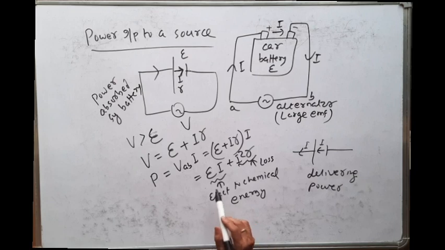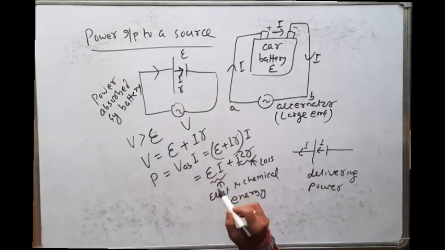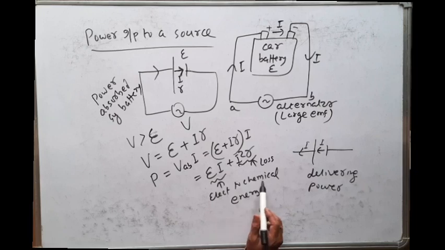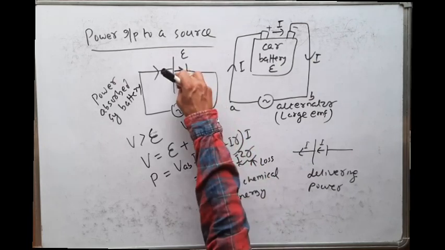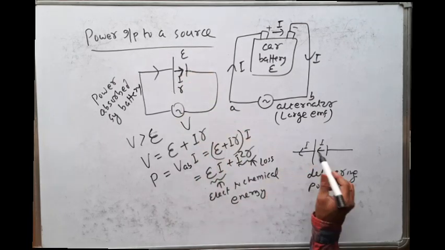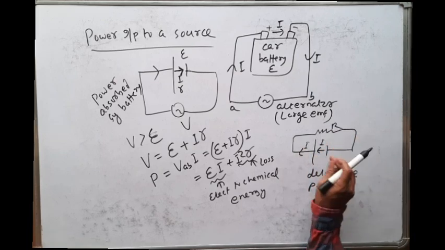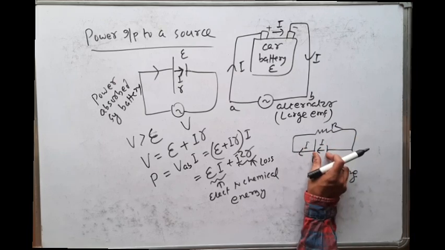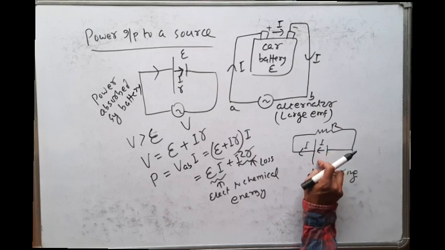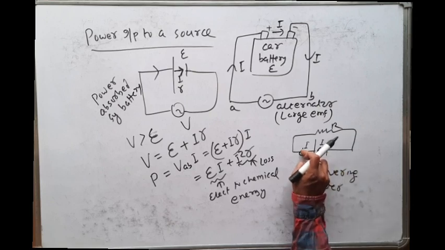So when you are charging the battery, this power EI helps to convert electrical to chemical energy. After charging, whatever chemical energy is there, when it is used in an external circuit R, it will convert chemical energy to electrical energy.